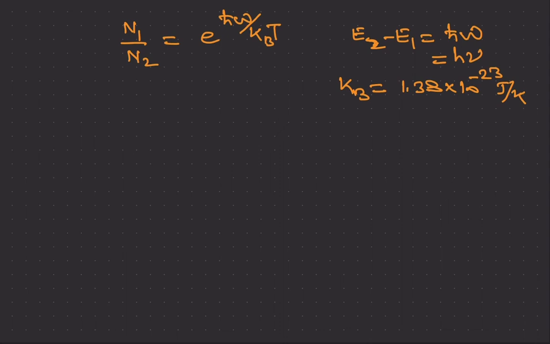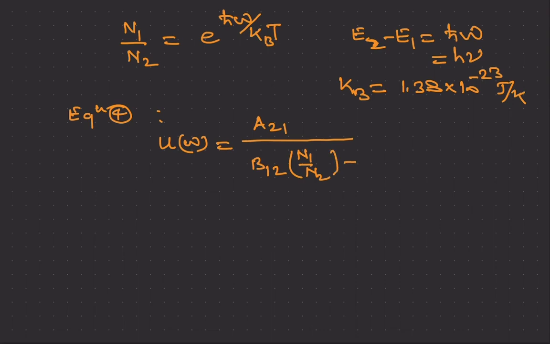Hence, equation 4 reduces to the energy density at omega is equal to A21 divided by B12 (N1 by N2) minus B21, which is equal to A21 divided by B12 e to the power h cross omega by k_B T minus B21.